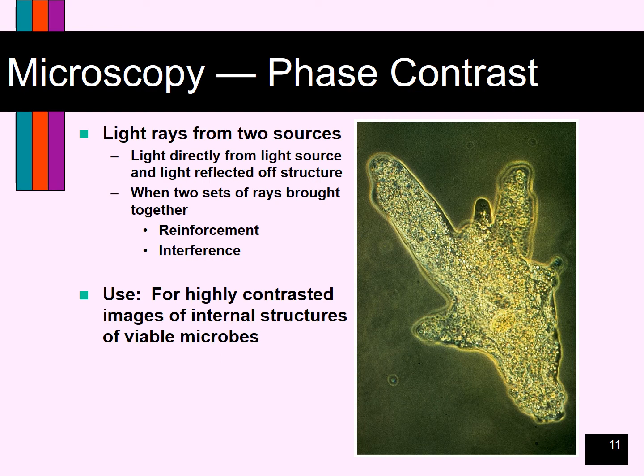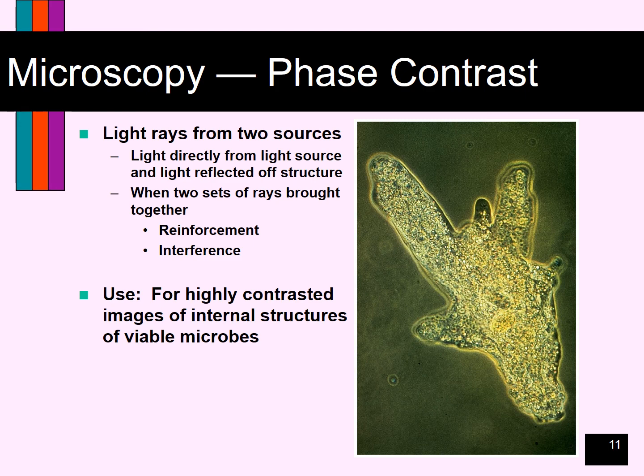So when those two sets of rays are brought back together, if the wave, think of like a bell-shaped curve, if the light from those two different sources is in phase, so they're both overlaying each other perfectly, that would lead to reinforcement or increased brightness.